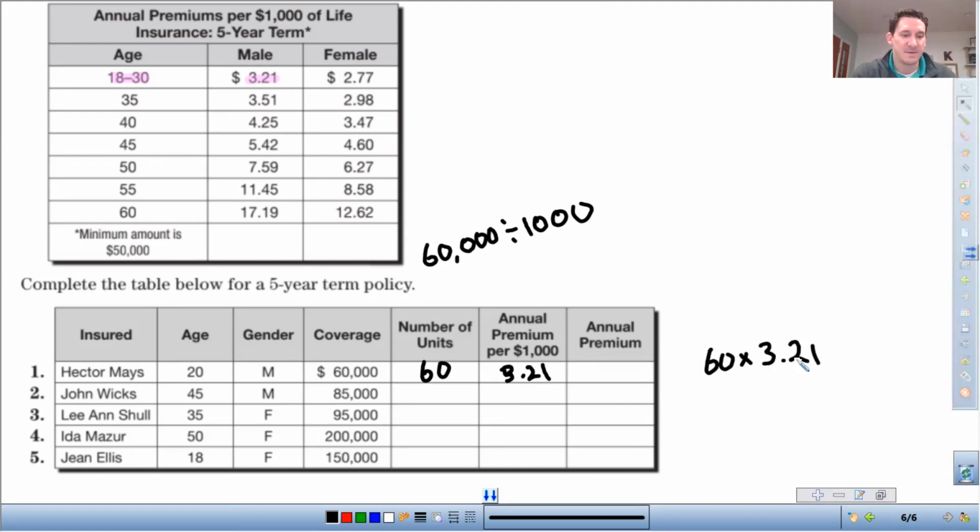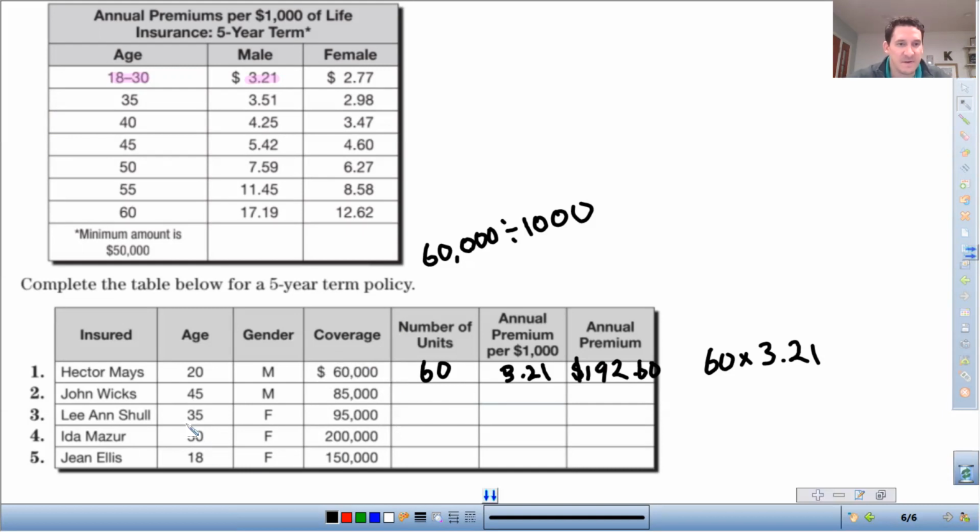So 60 times 3.21 comes out to $192.60. So basically what this says, he pays $192.60 each year. If he were to die while covered by this life insurance, $60,000 goes to his beneficiary.